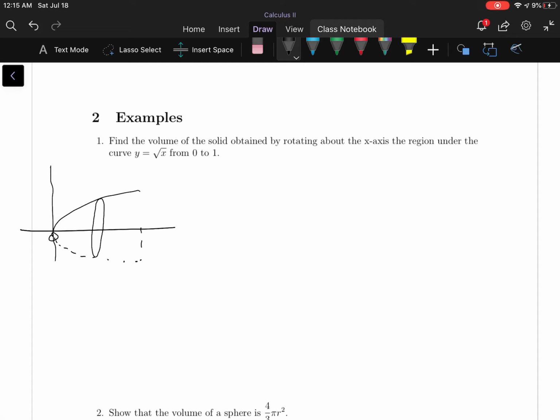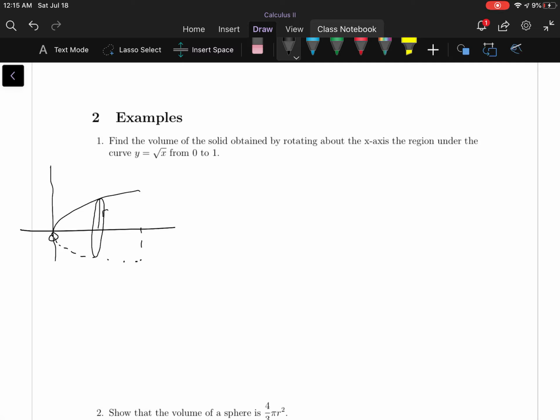That's my disk. And that disk has radius R in this region. Now this disk, I'm slowly going to go along this x-axis. And so my disks, you could see from left to right, are going to increase.